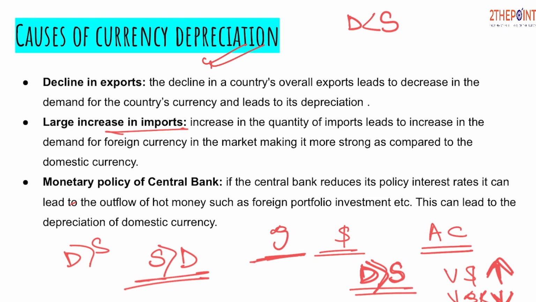Start with 10 injections and 20 buyers standing to buy them: supply is less, demand is more, which leads to appreciation. When we reverse the situation, 20 injections and 10 buyers, supply is more and demand is less, leading to depreciation in the value of the injection, or say currency.